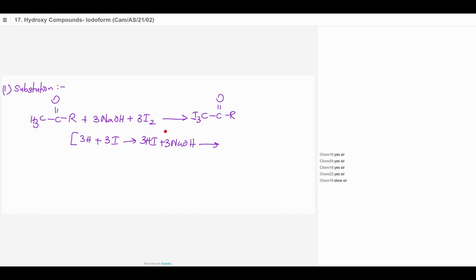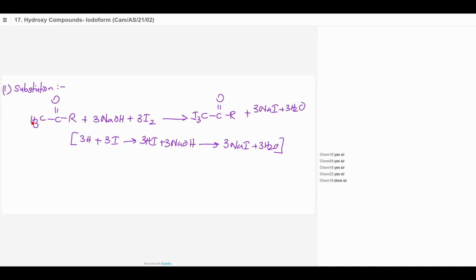So that's why we need to destroy the acid. So we add 3 NaOH, that results in 3 NaI and 3 H2O. So the byproduct which is produced in the first stage of the substitution reaction is that you have 3 NaI and 3 H2O. That's the first stage of the iodoform reaction.